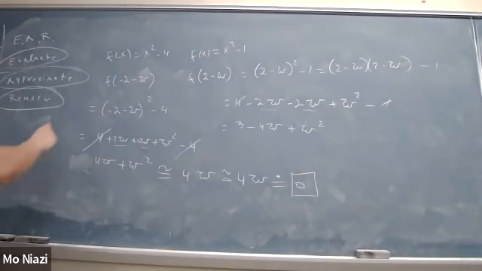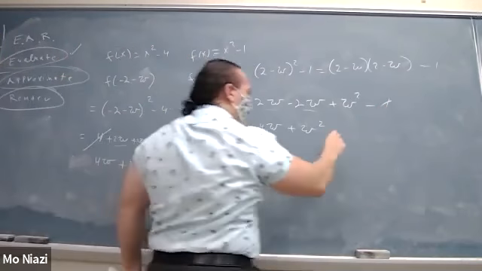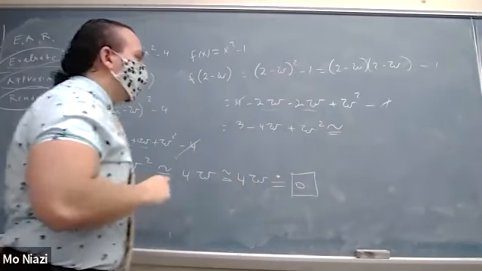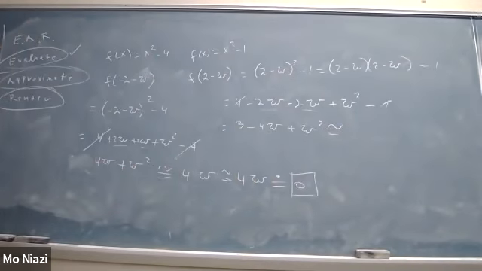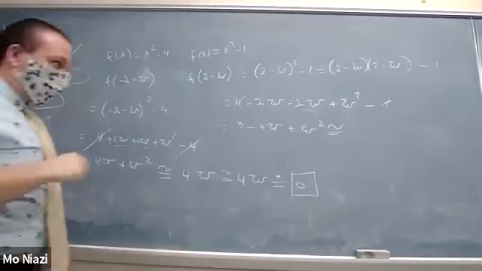Now, that was the evaluate. Let us approximate. What does this approximate to? 3 minus 4 omega. That's right.